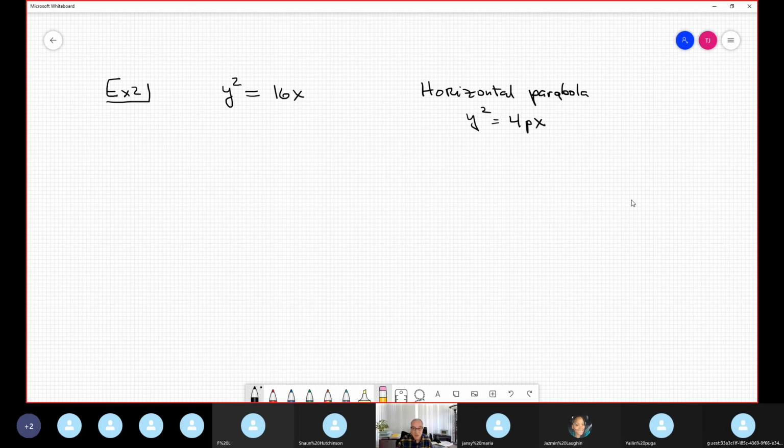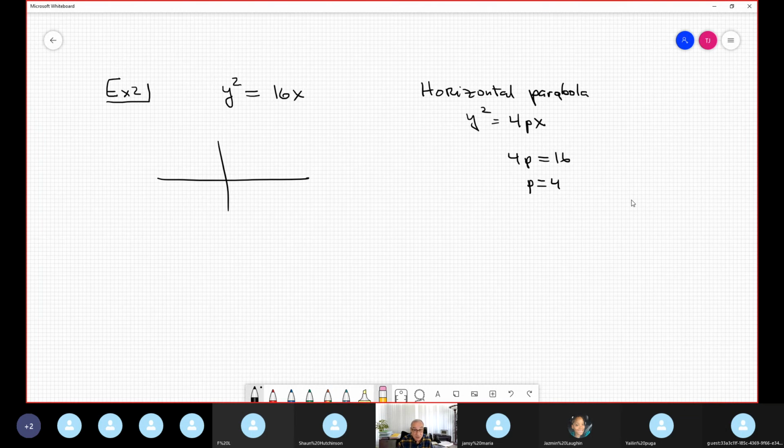When the x is on the y squared it's horizontal, when the x is squared it's vertical. So it's obvious that 4p is equal to 16, therefore p is 4. And this parabola opens to the right. So we are doing a rough sketch of our parabola.